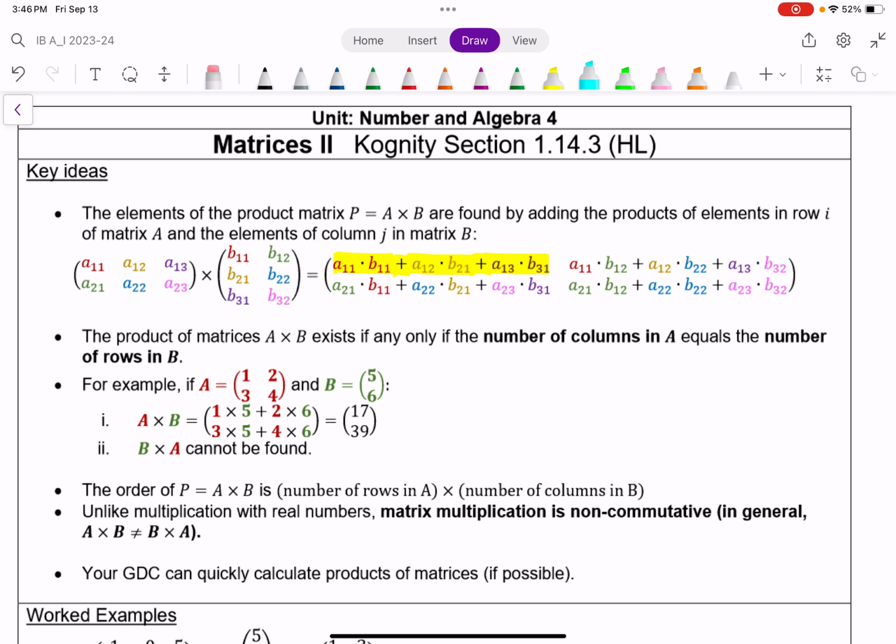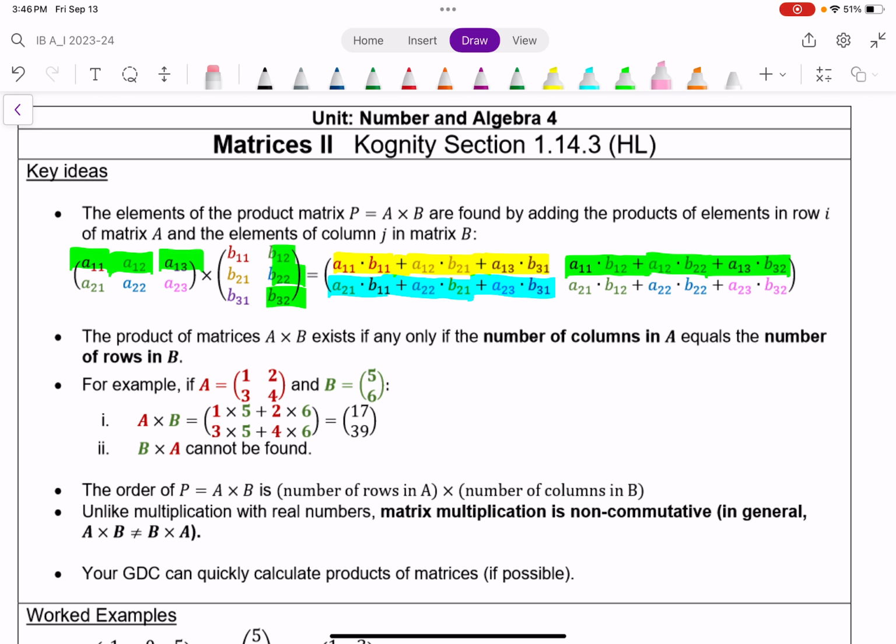So if I want to find this one here, that's found by going this element times this element, and then working my way across and down, and I have the sum of these. Once I have those done, I can then move on to the next. It's going to be this element times this element, plus this element times this element, plus this element times this element.